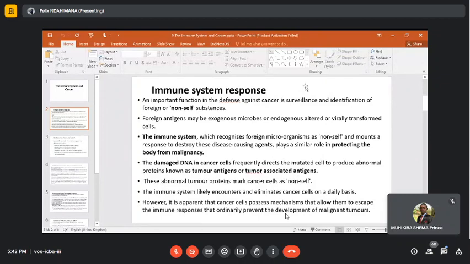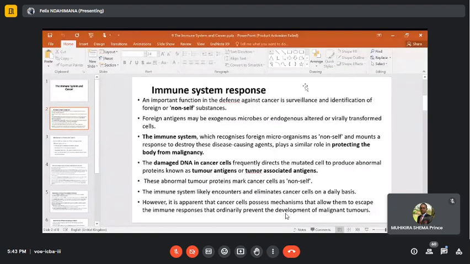So in this presentation, we will be talking more about tumor antigen or tumor-associated antigen. That means any cancerous cell should have tumor antigen or tumor-associated antigen. These are the proteins that would normally flag their presence in the circulation so that the immune system can recognize them and take them away from our body.